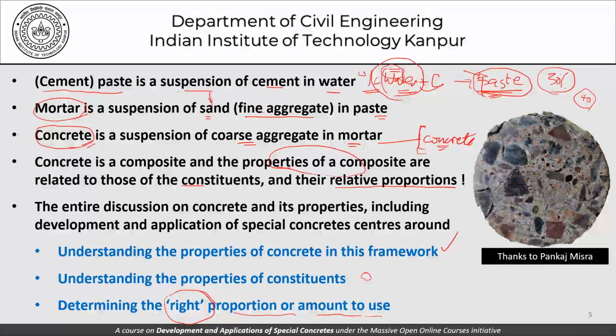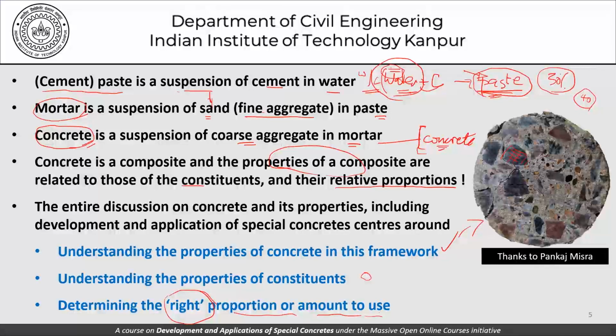Here you can see that these coarse aggregates can be looked upon as suspended in some form of mortar. Of course, it's not possible to see the fine aggregates, but you can imagine that this analogy of coarse aggregates being suspended in a pool of mortar can be extended to fine aggregates being suspended in a pool of paste and cement being suspended in water.